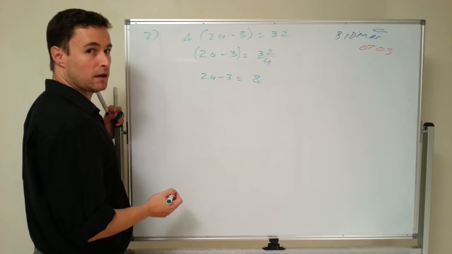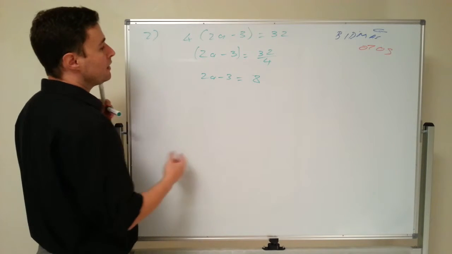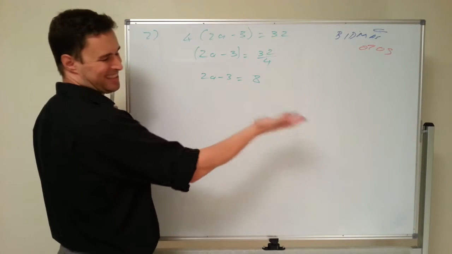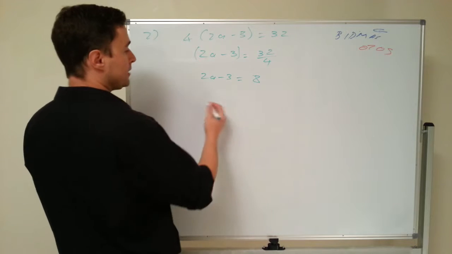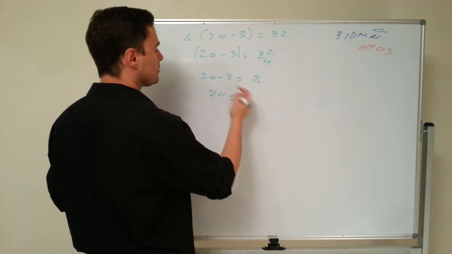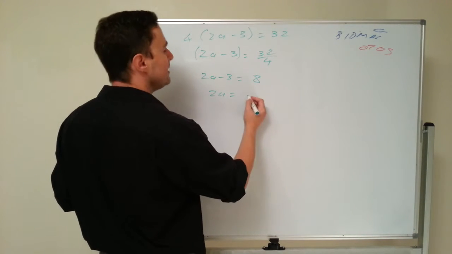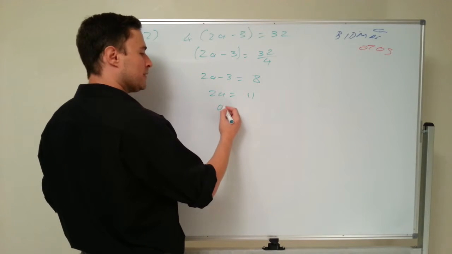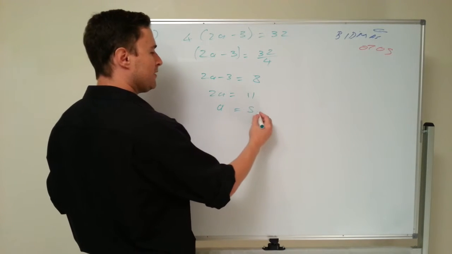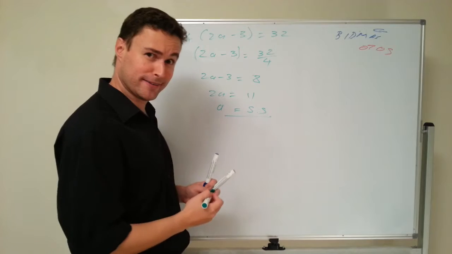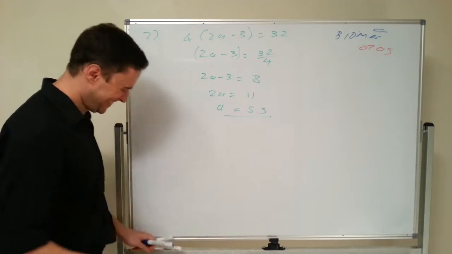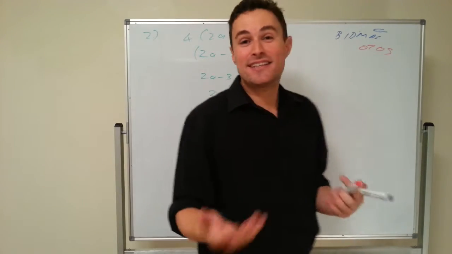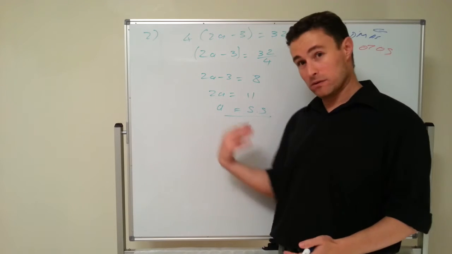Now I've got this, and this is straightforward. Opposite of minus 3 is plus 3, so 8 plus 3 is 11. Opposite of times by 2 is divided by 2, and 11 divided by 2 is 5.5. I got to the right answer. So it doesn't make a difference whether I did it the other way or this way.